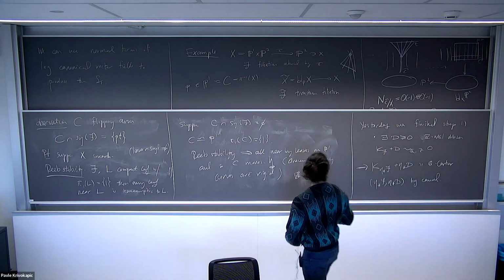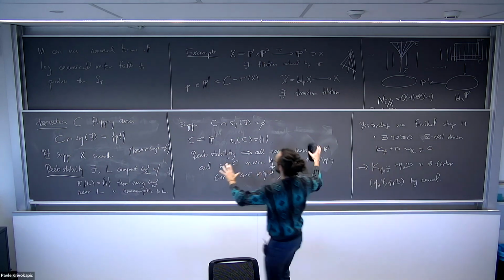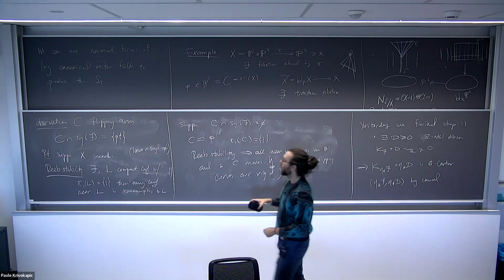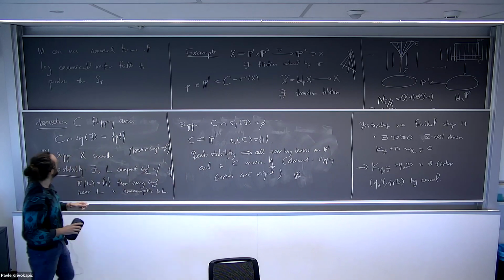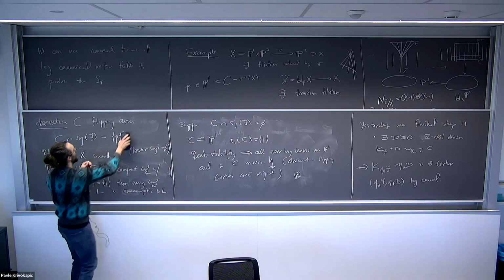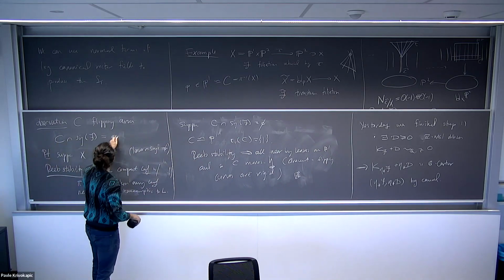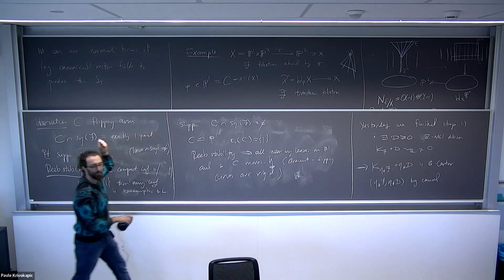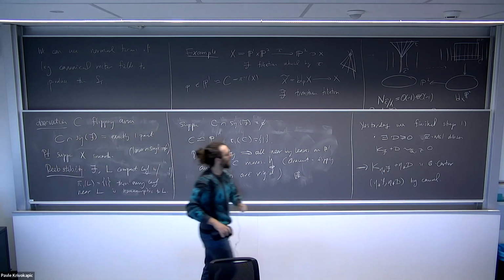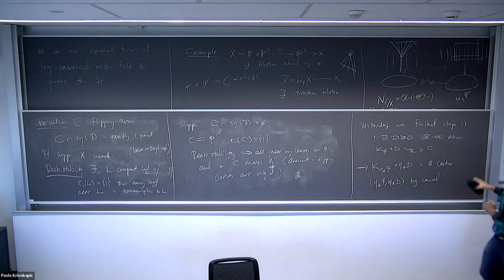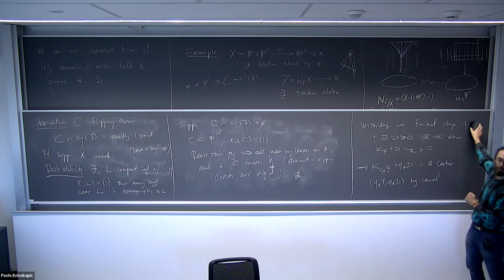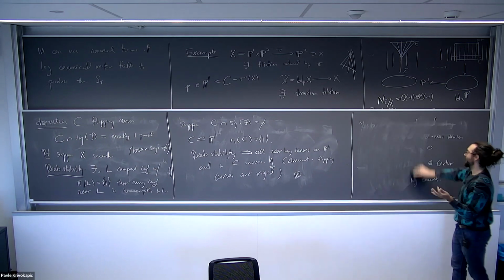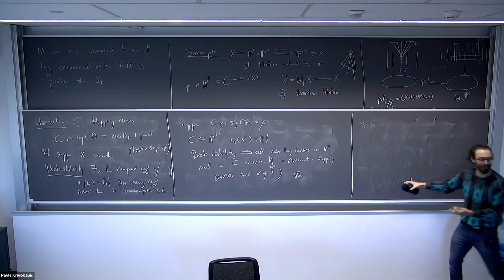So I claim that it's equal to exactly one point. So maybe I'll explain why it's exactly one point, because you're right, that's an important point, and I shouldn't cheat you guys out of that.